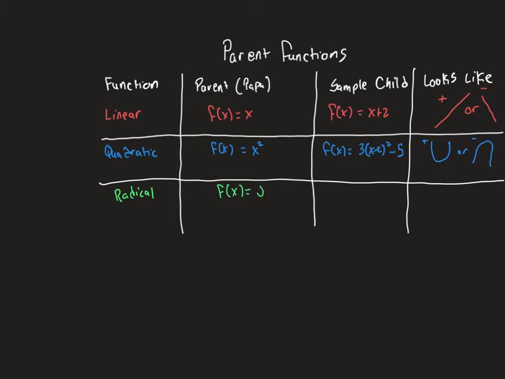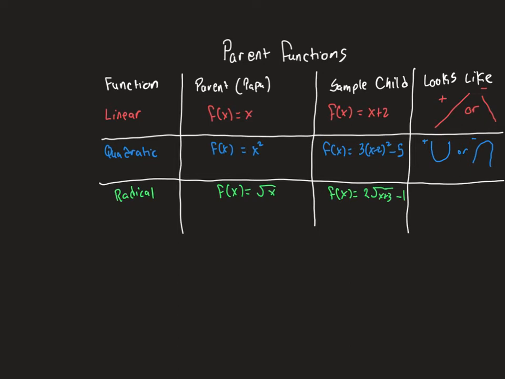Well, the papa looks like this, square root of x. So what's sample child? Sample child would be something like square root of 2x plus 3 minus 1. Again, does not matter all the hoopla that's around. As long as you say a square root and an x, it comes from root x.